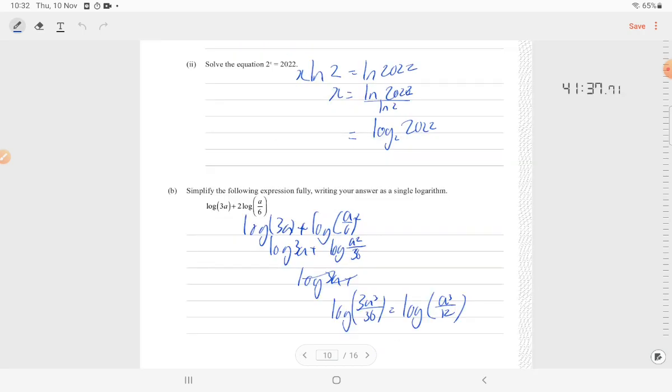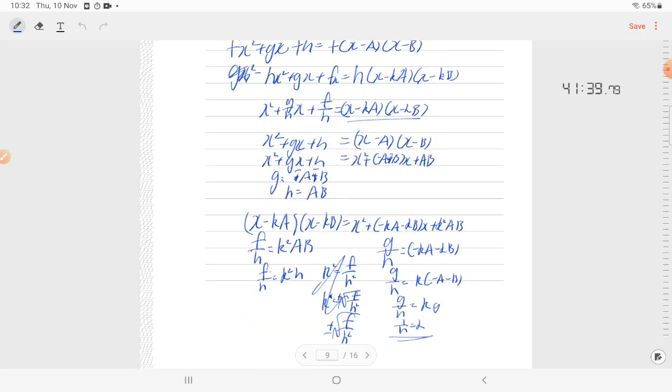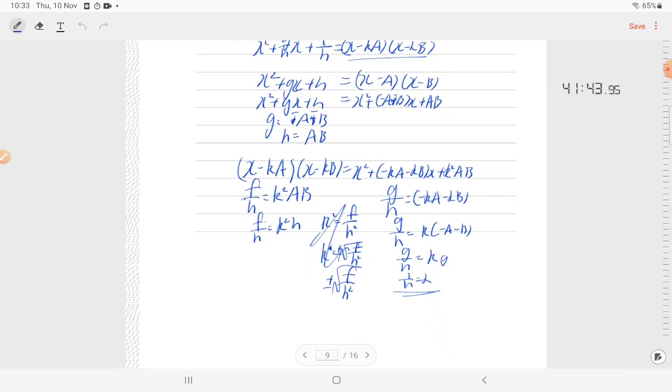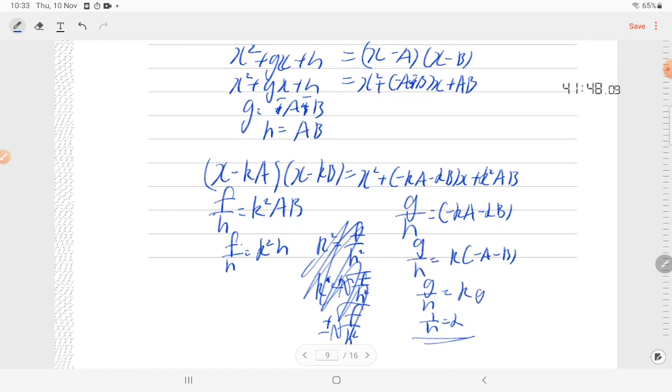Let me just go back. For this, did I actually get everything? I might just ignore that this happened. G over h is k negative a, k negative a, k back negative a take away b is g from here, so we sub that in and 1 over h is equal to k.